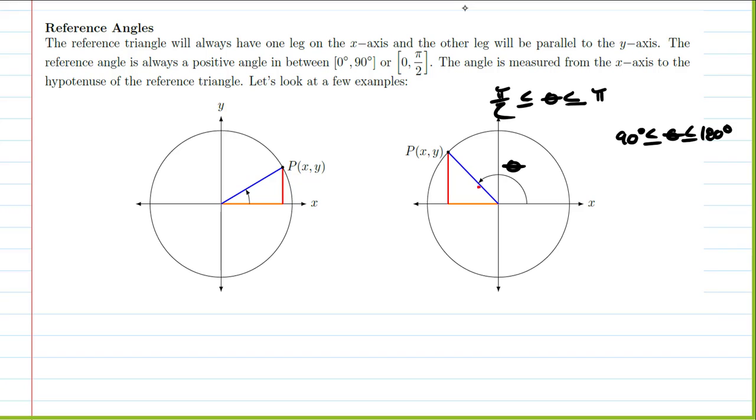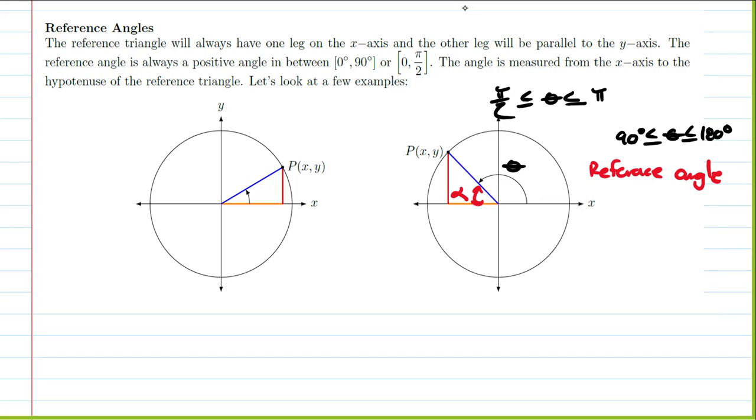The reference angle is always the angle measured from the x-axis to the hypotenuse. So in this example, theta and alpha would be supplementary angles, because if you added them up, they would give you 180 degrees, or pi radians.